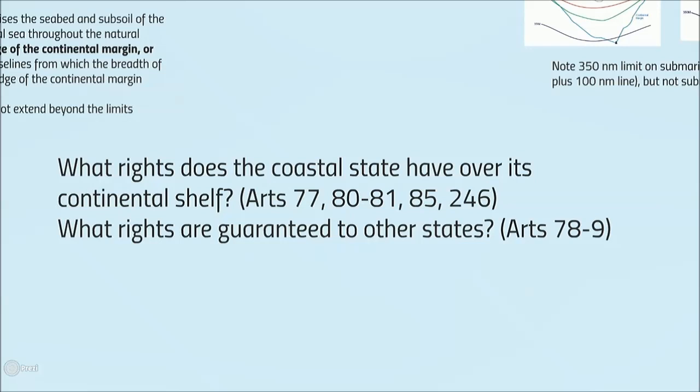We then have to note that a number of rights are guaranteed to the coastal state. These largely mirror the kind of rights we've already discussed in relation to the continental shelf. And in terms of the rights guaranteed to other states, one should just note that Article 78 deals with the fact that the possession of a continental shelf doesn't of itself affect the status of the waters above.